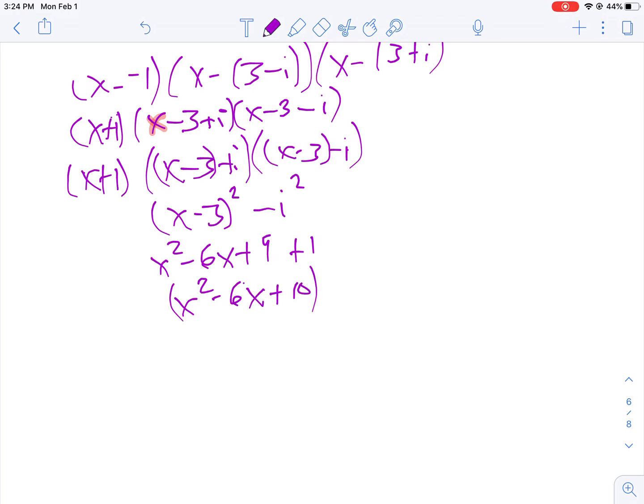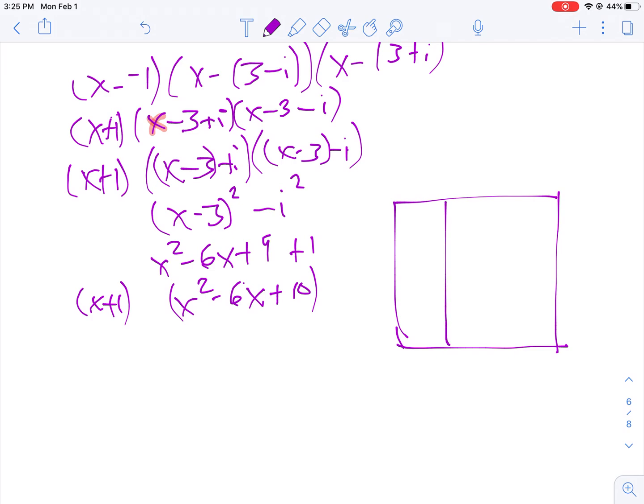And then we'll multiply it by x plus 1. Still use the rectangle for when I got 3 by 2, just showing you an alternate way of doing the first one. So you got x squared minus 6x plus 10. We're going to multiply that by x plus 1.